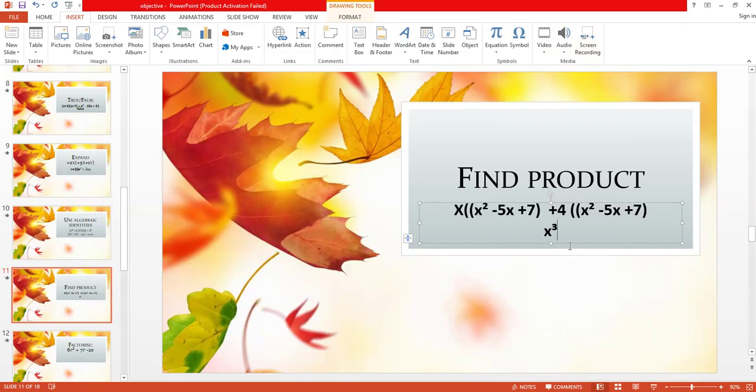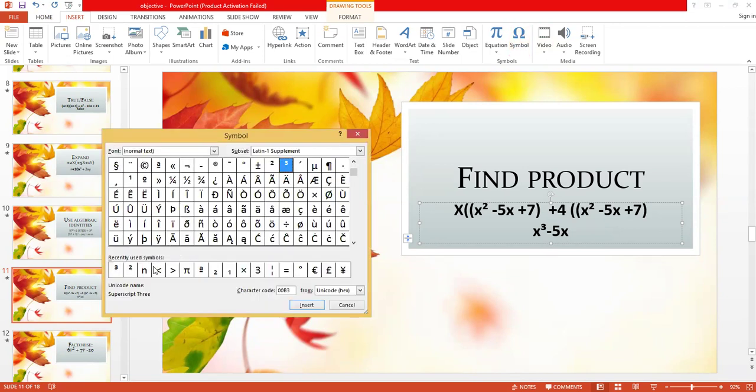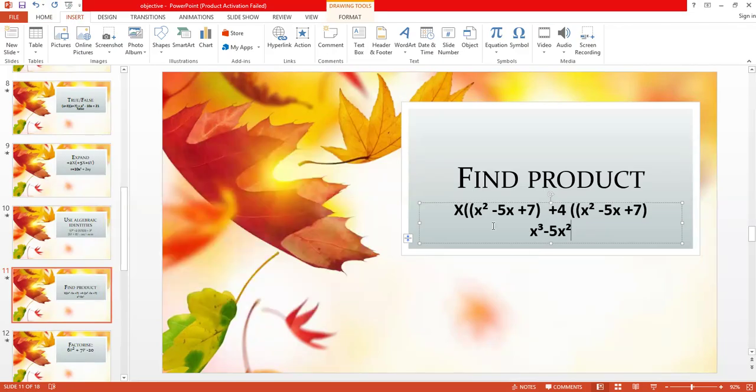According to the fifth chapter, indices, if the base is same, we have to add the powers. So x into x cube minus 5x square. Okay, x into x is equal to x square. And the next one is plus 7x.